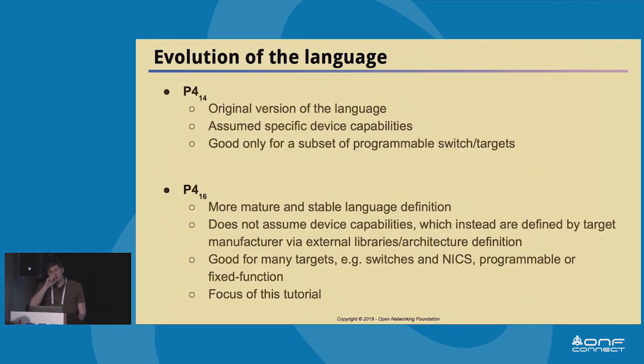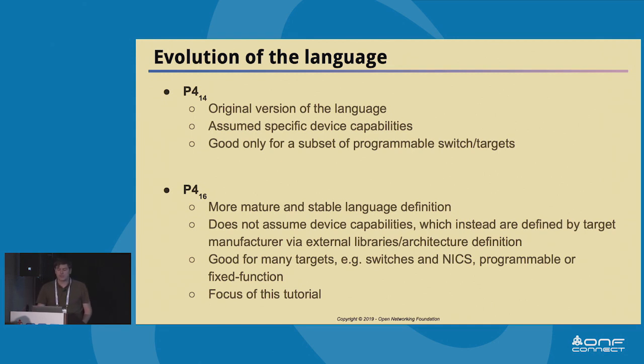There are two versions of the language, P4.14 and P4.16. P4.14 is the original version. Because it's the first version, it had some limitations. First of all, it assumes specific device capabilities, so it was good only for specific targets, mostly programmable switches. There is an evolution to that, called P4.16, which is the most recent version of the language, and this is what we'll be using in today's tutorial.